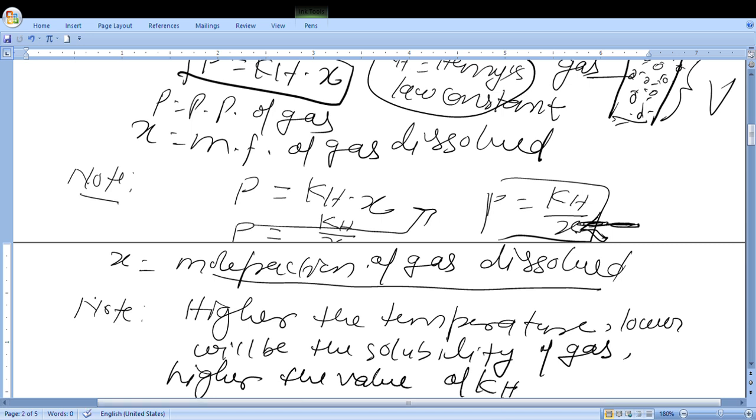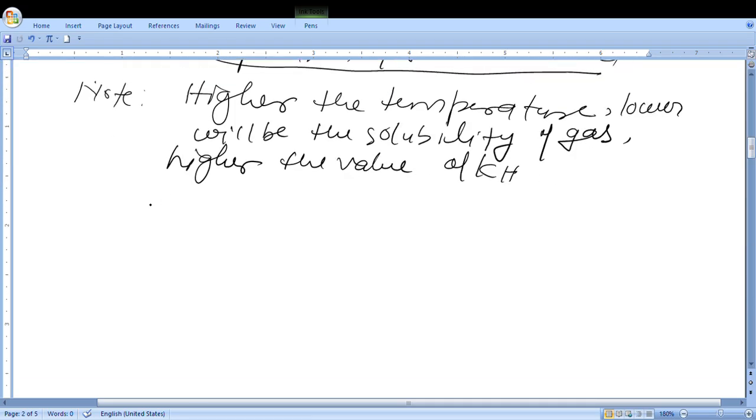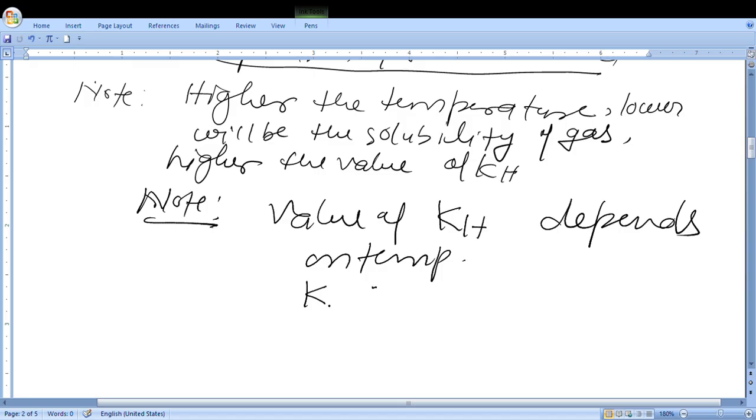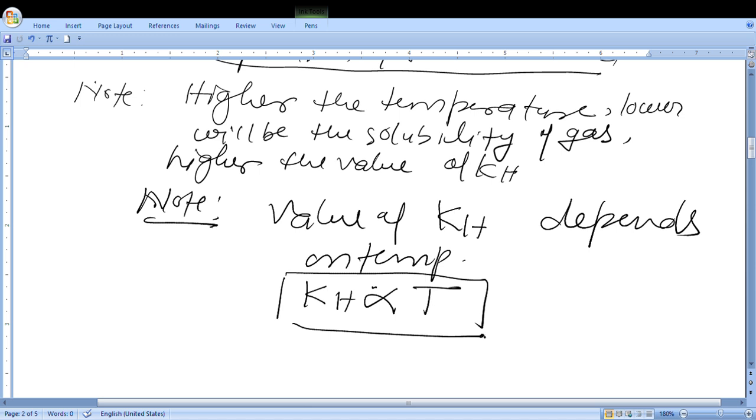So we can say that KH depends on temperature. KH is directly proportional to temperature. Higher the temperature, lower the solubility, and higher will be the value of KH.